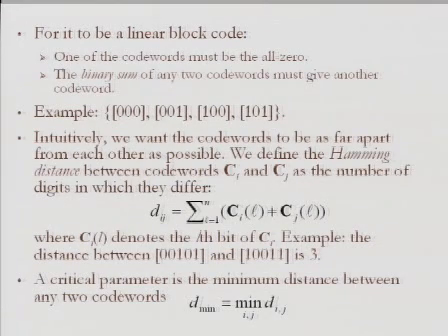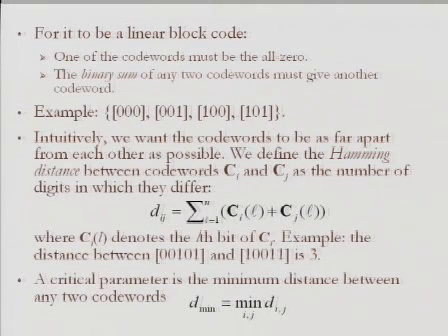What's the duration of each code word? Is anybody sure? No, n is not equal to 4. N is 3, right? So each code word has 3 bits. So n is 3. Very good.